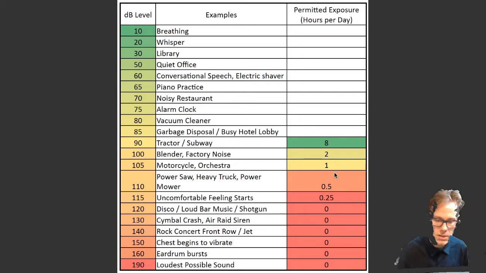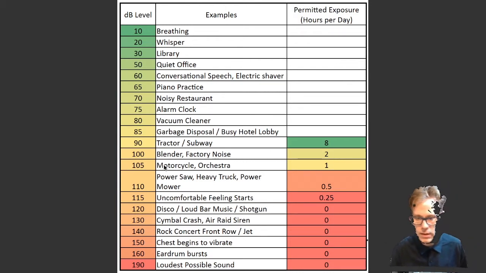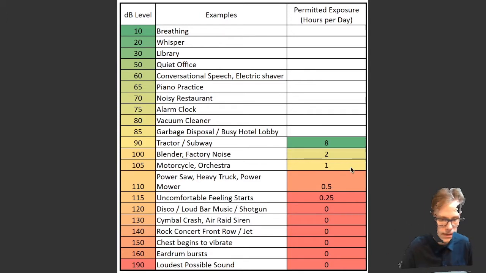And you can also start to see here that once you go above a certain level, you actually start to do damage to your hearing system if you're exposed to it for beyond a certain number of hours per day. So according to various regulations, you should not be exposed to a signal that is above 105 dB SPL for more than 1 hour per day.